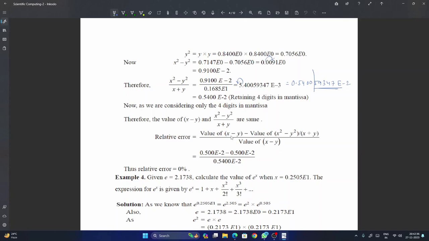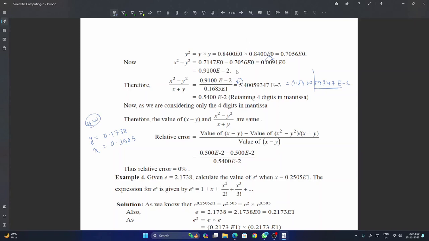For suppose x equal to 0.1738 and y is equal to 0.2505, as your homework. Just take this value as x and this value as y, and do it at home to check whether for these two numbers there is any error or not. Maybe there is some error.